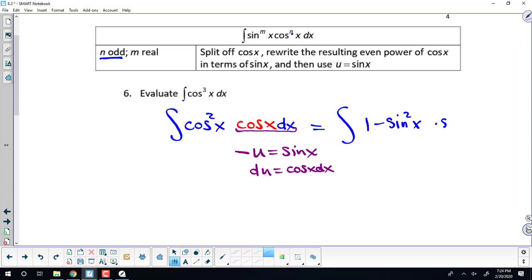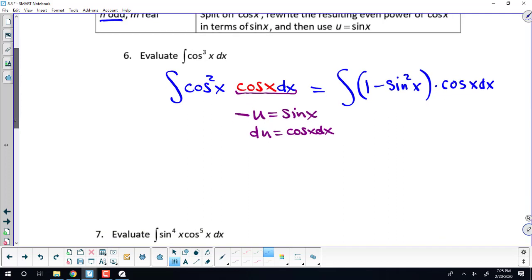Oops, times cosine. That's just 1 minus u squared du.